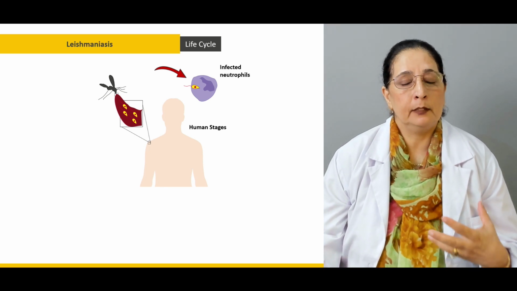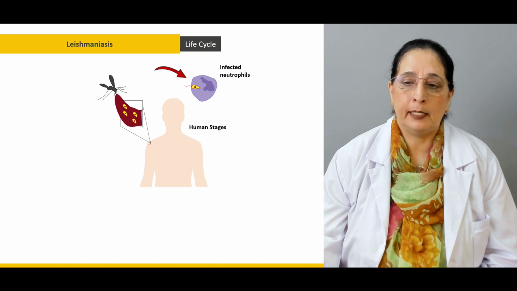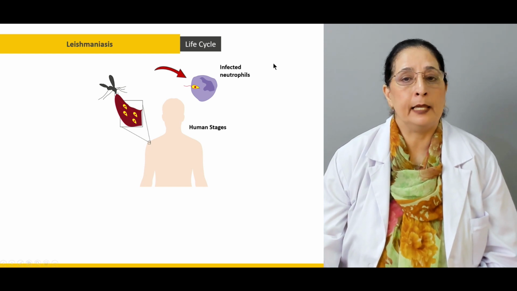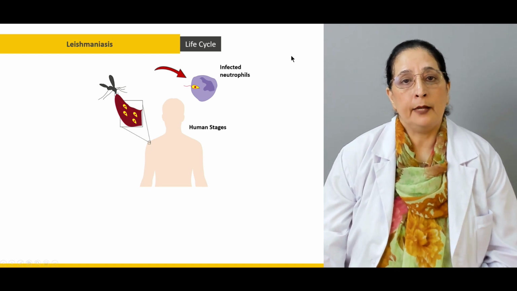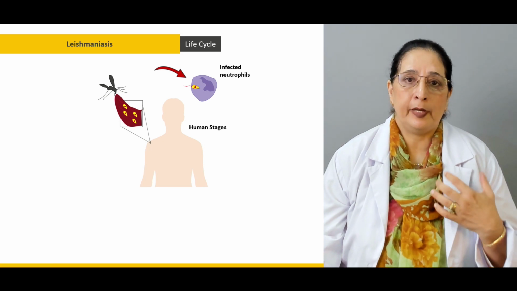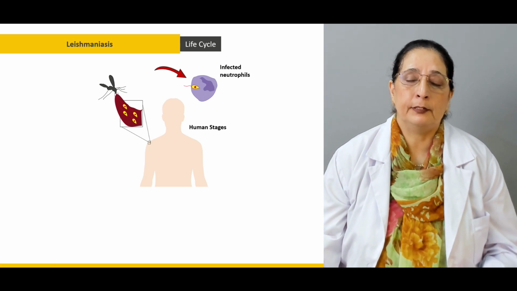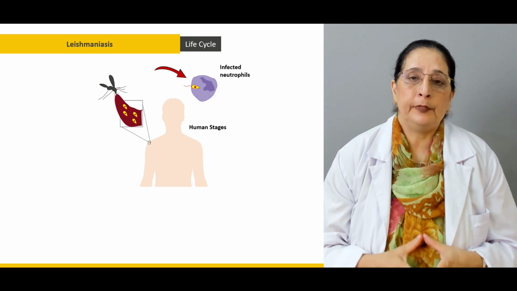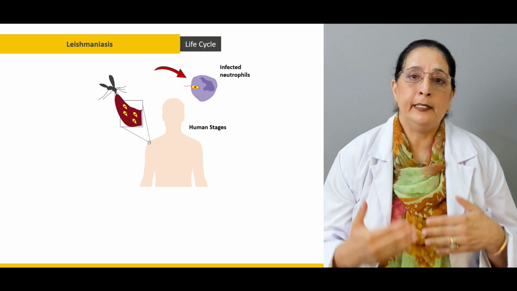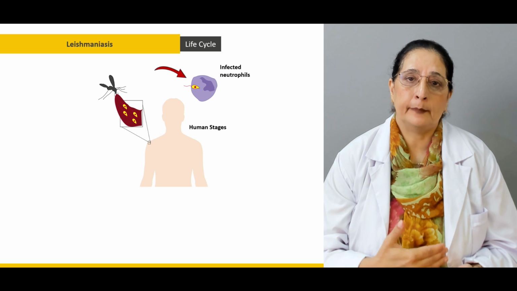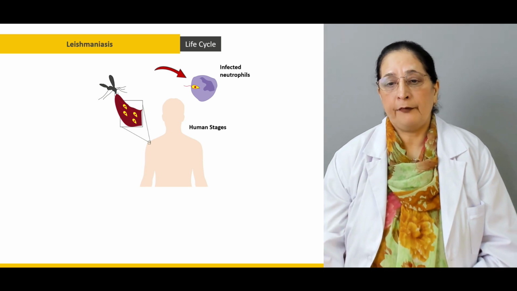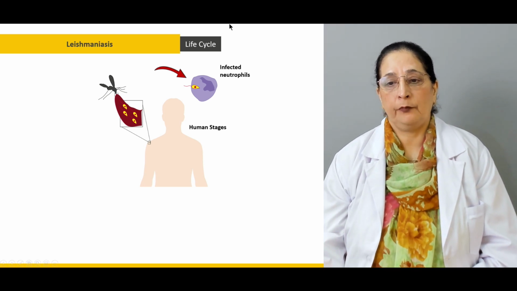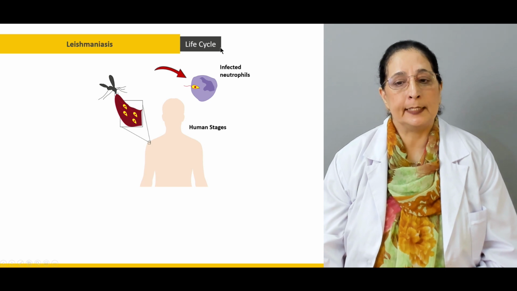Neutrophils are the white blood cells, and they play a very important role in fighting the infection. So when they are affected, they are destroyed, and the ability of the person to fight the infection becomes less and less.